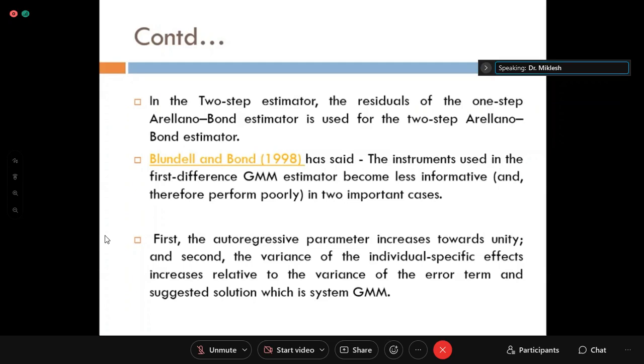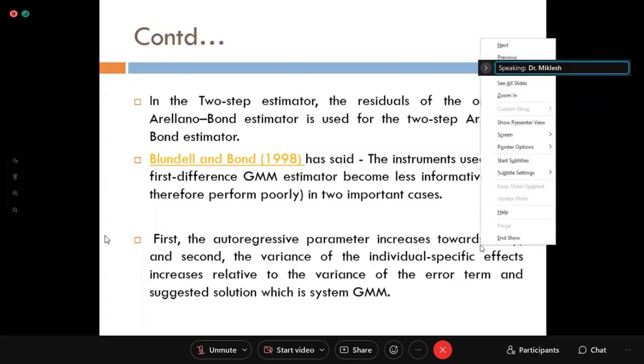The coefficient of n minus 1, or DV minus 1, has to be less than 1. It should not be near to 1 or more than 1, right? Okay, sir. So these are two problems, and the solution is system GMM.